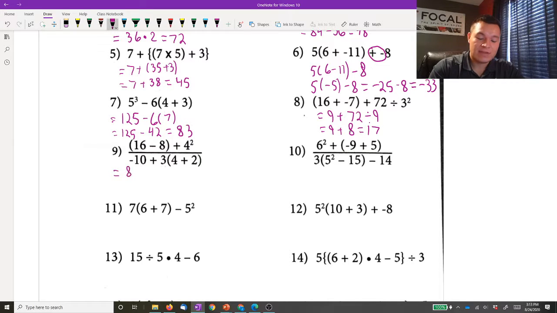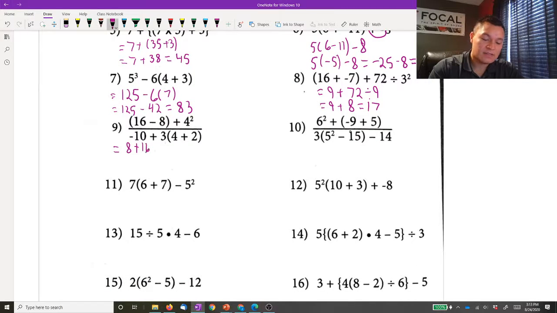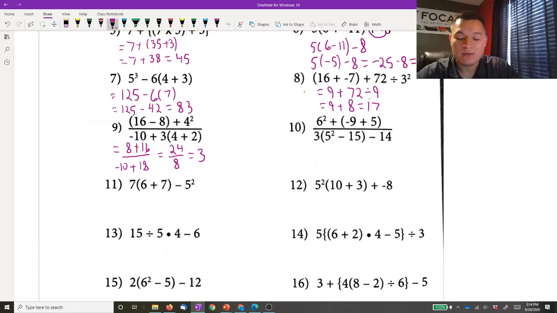So we should have 8 on top. 16 minus 8 is 8, plus 16 divided by negative 10 plus, forgot to do the 4 plus 2. 4 plus 2 is 6. 6 times 3 is 18. 8 plus 16 is 24 on top, and the bottom will be at 18 minus 10 to make 8. The answer's 3.